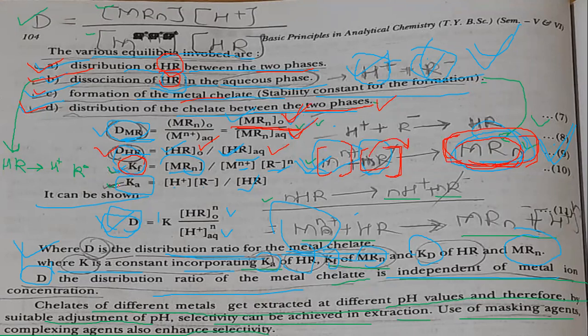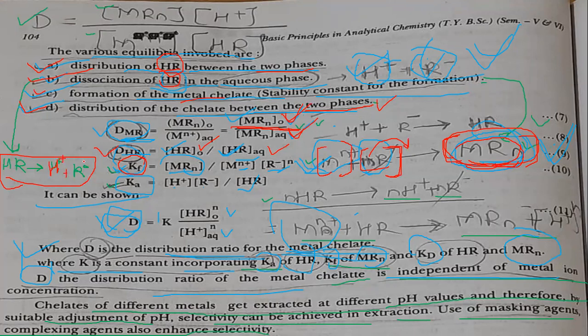Now again for this reaction, which one? See, HR gives you H plus and R minus, as written here.